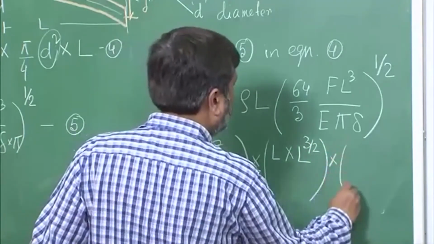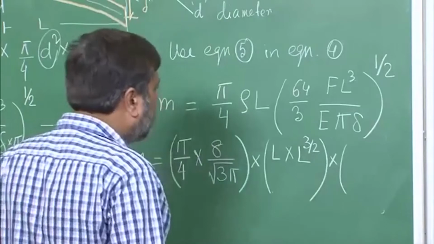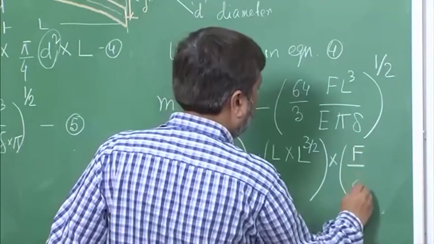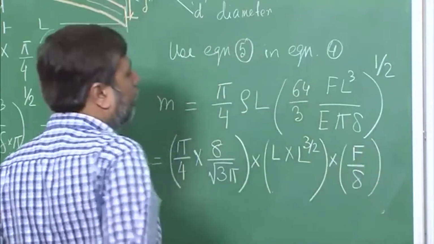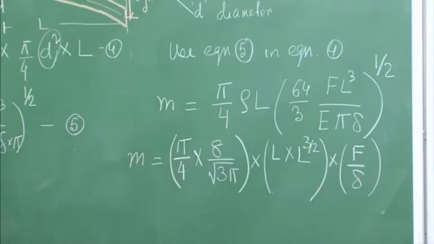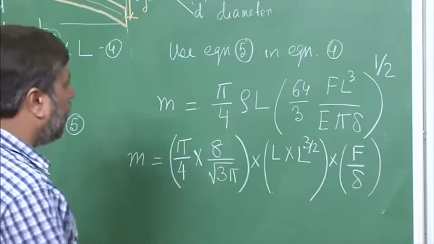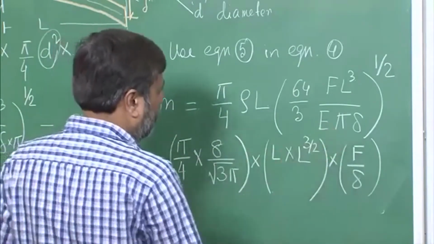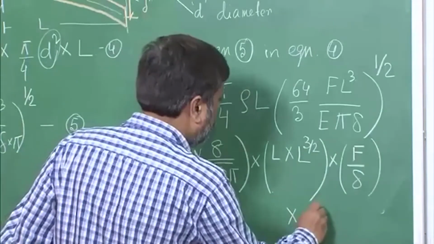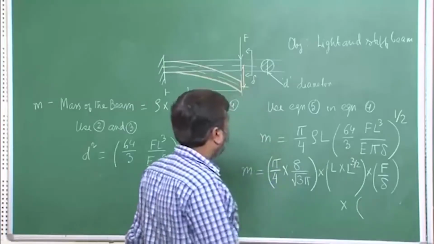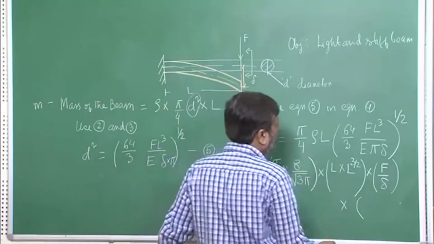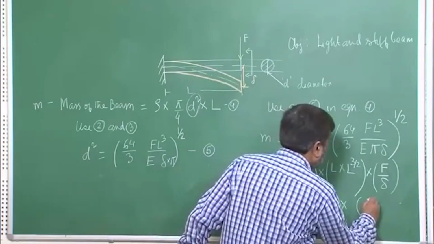We have some functional parameters. What is it? That is F over delta. The force is given to us and the maximum deflection is also given to us. Now, if I take these things apart, what remains is the material property of the system. And what is it?